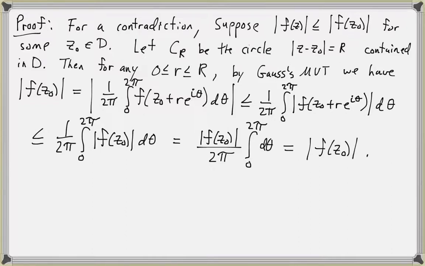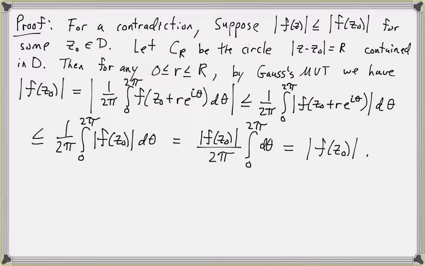So we started the chain of inequalities with the absolute value of f of z0 and ended with the same expression, the absolute value of f of z0. Therefore, the intermediate expressions must all equal the absolute value of f of z0.